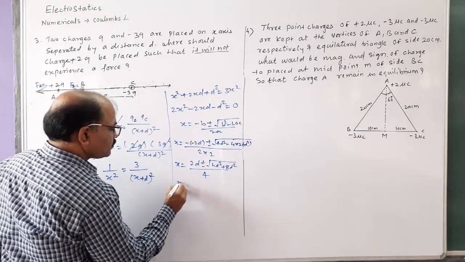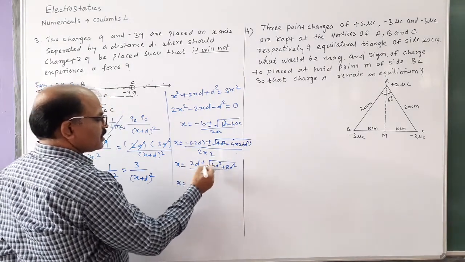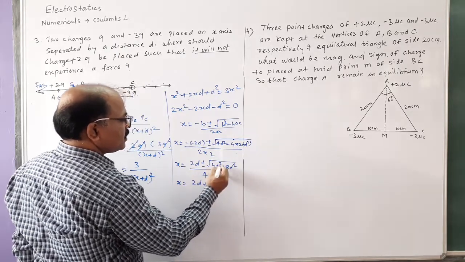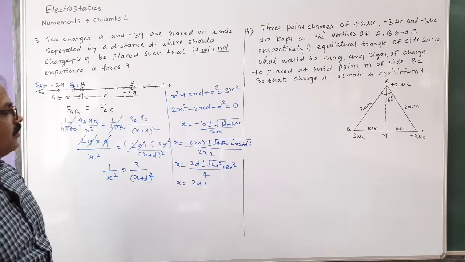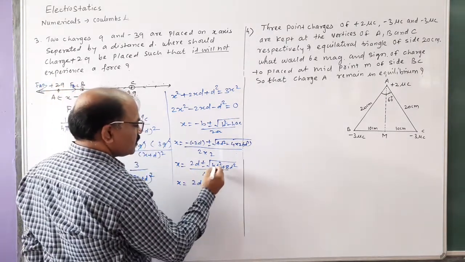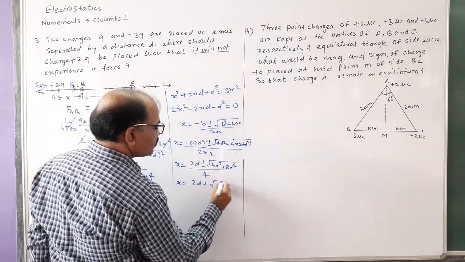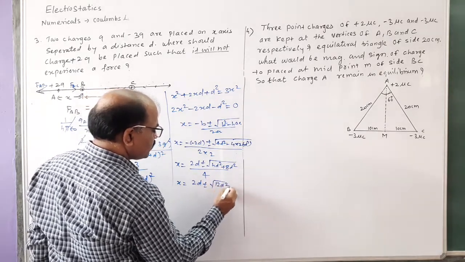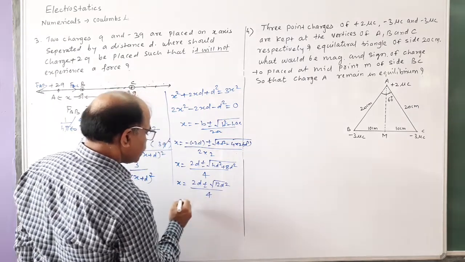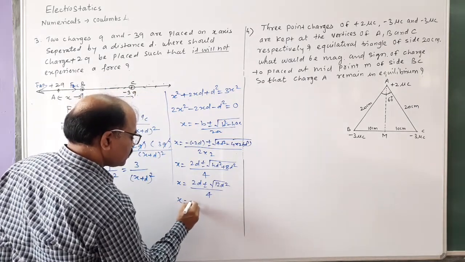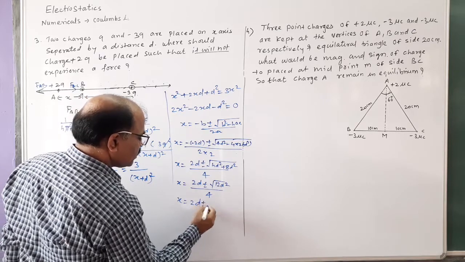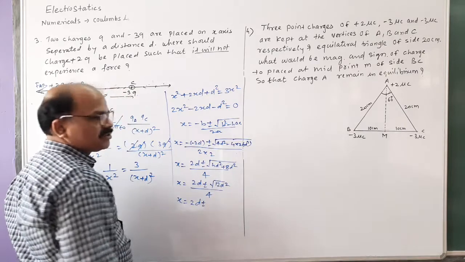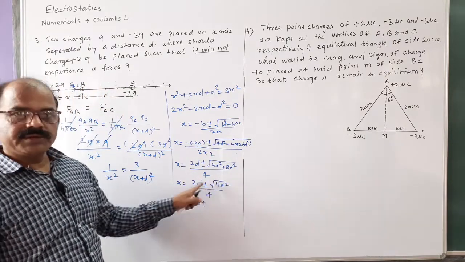The x is equal to, we can simplify it, 2d plus minus under root, we can take the common 4d square, 4 plus 8 is 12 d square, divided by 4. So x is equal to 2d plus minus, we can split 12 into 3 into 4, so 2 will come out.